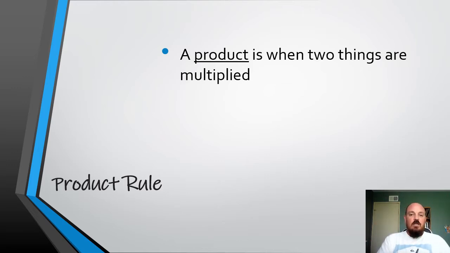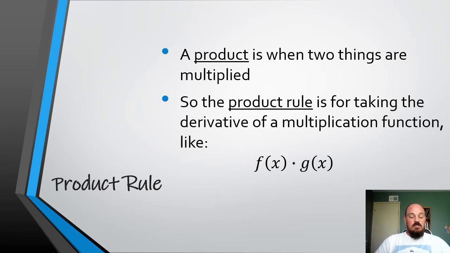So what you're really talking about is two different functions of x. For the notes, we're going to call it f of x times g of x. Think of that last example: x to the fourth would have been my f of x, times x minus 1, which would have been my g of x. And that's what the product rule is for, taking the derivative of a product.